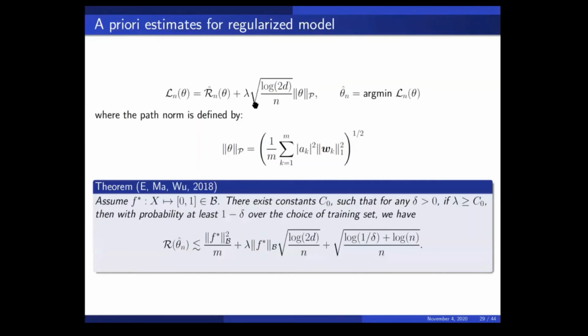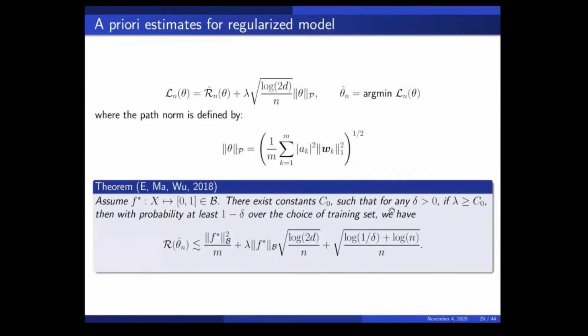So combining these two kinds of results, results for approximation error and results for estimation error, we arrive at the following kind of a priori estimates. If we consider this regularized model, so we take the empirical risk regularized by the Barron norm of the neural network function, then one can show that every global minimizer of this regularized model satisfies this kind of a result, namely with high probability.